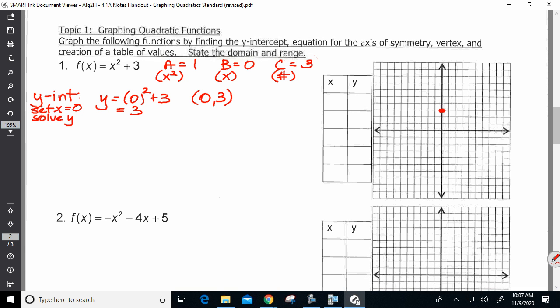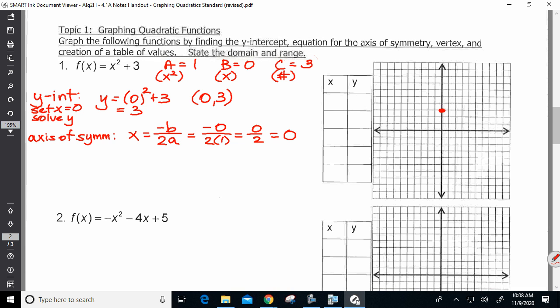Axis of symmetry. So the axis of symmetry has a formula for it. X equals negative b over 2a. That's negative 0 over 2 times 1. 0 divided by 2 is 0.